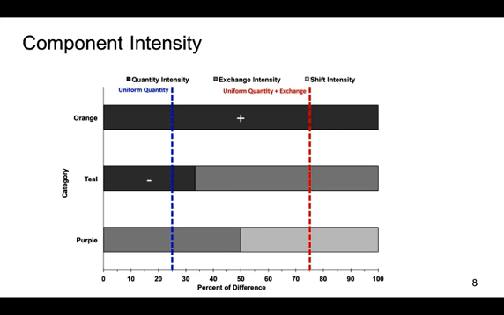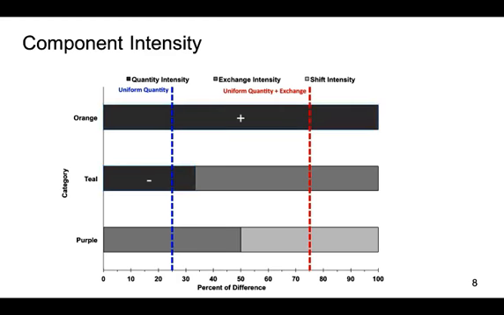Now, instead of the x-axis showing the percent of difference in the study area, it shows the percent of difference per category. Removing the information about the amount of change will help us compare the intensity of each component for each category. Notice that the quantity bar is now much larger for orange than teal. This is because the quantity change accounts for 100% of orange's total difference, but quantity change is only 33% of teal's total difference.